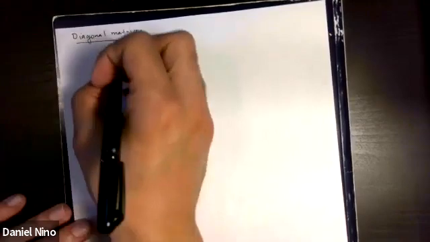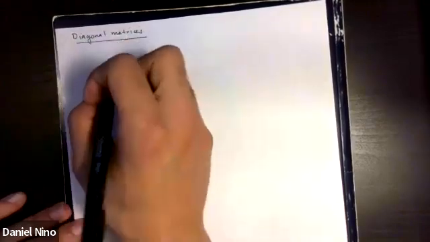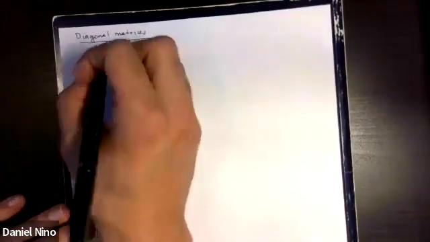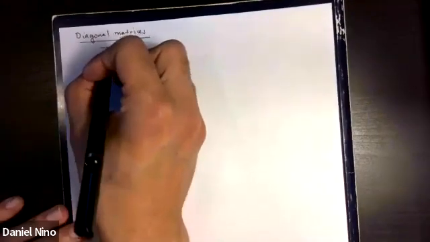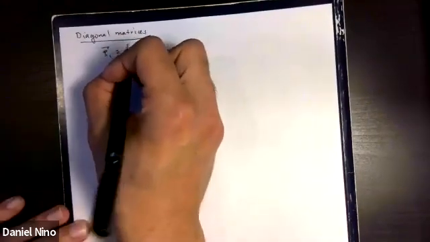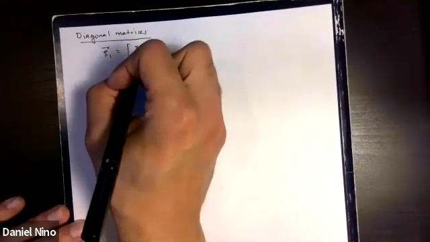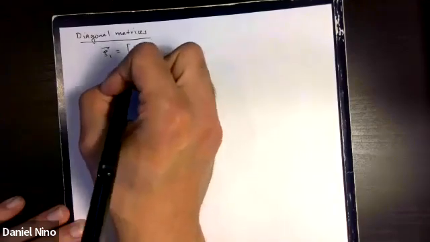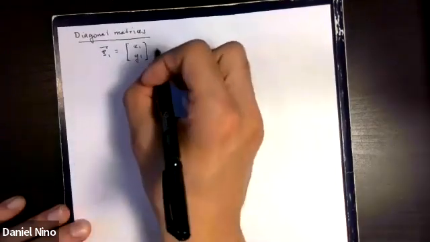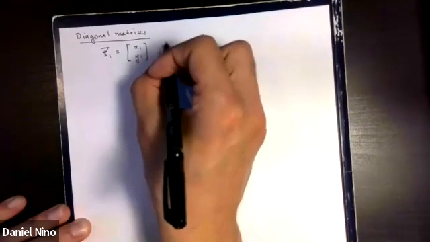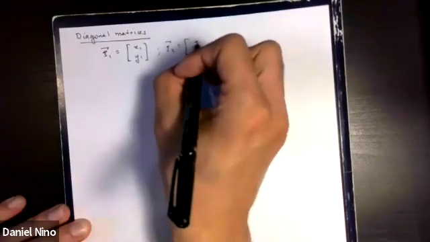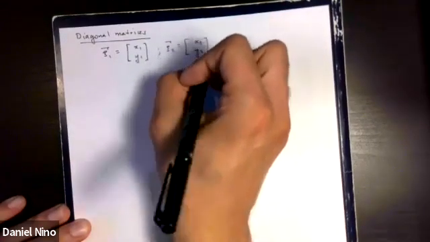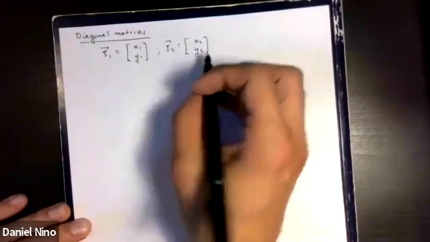So we'll consider a 2 by 2 matrix which has an eigenvector C1 given by x1, y1, and eigenvector C2 given by x2, y2.